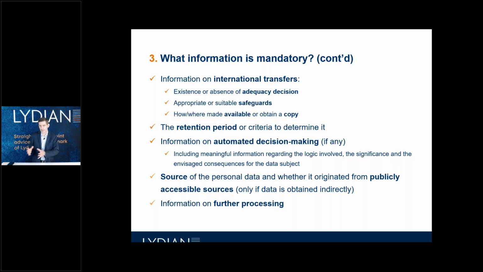So you need to tell the data subject where you got the data from, and you need also to specify whether those data come from publicly accessible sources, yes or no. And then, as I already touched upon, further processing. Whenever you intend to process the data beyond the original purposes of the processing, you will need to provide further information to the data subject on this further processing.